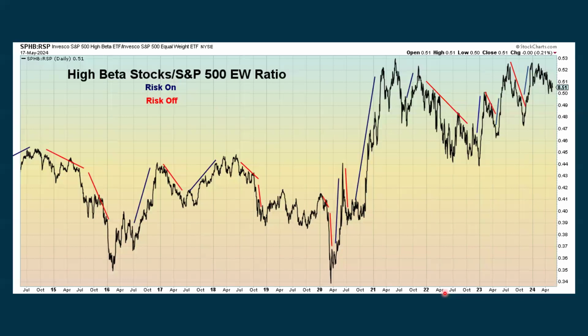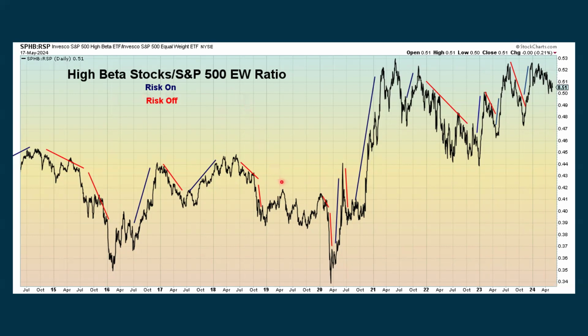Then I usually show this, but it hasn't been doing that much in 2024. This is risk on versus risk off. When folks are risk on, that means they're willing to take on more risk, usually buying stocks. And a lot of times the riskier stocks, the high beta stocks that tend to outperform the market. Then when this ratio is going down, that means they're more risk off. They may be getting out of the high beta stocks and getting more into value type of stocks.